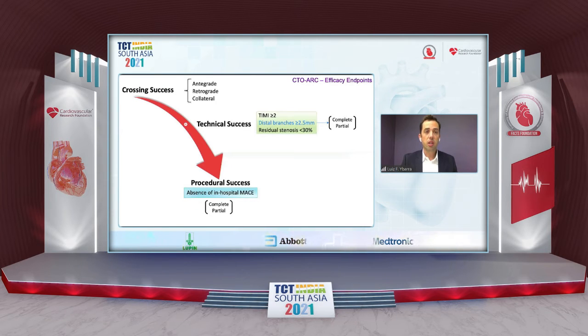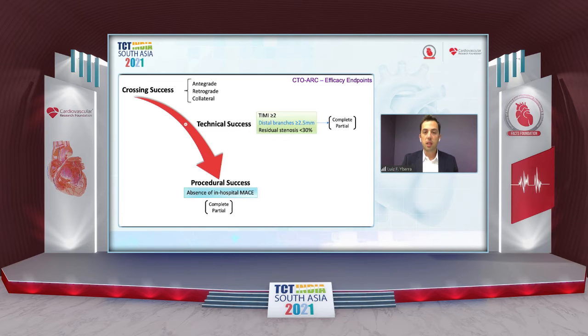Talking about endpoints, it's interesting here. So we start with the crossing success, which could be either antegrade, retrograde, or just crossing the collateral. Once you achieve the crossing success, then you're aiming for the technical success, which would be a TIMI flow equal or greater than 2. If we remember one of the live cases, there was a debate if we had TIMI 3 flow and whether it's a success or not.